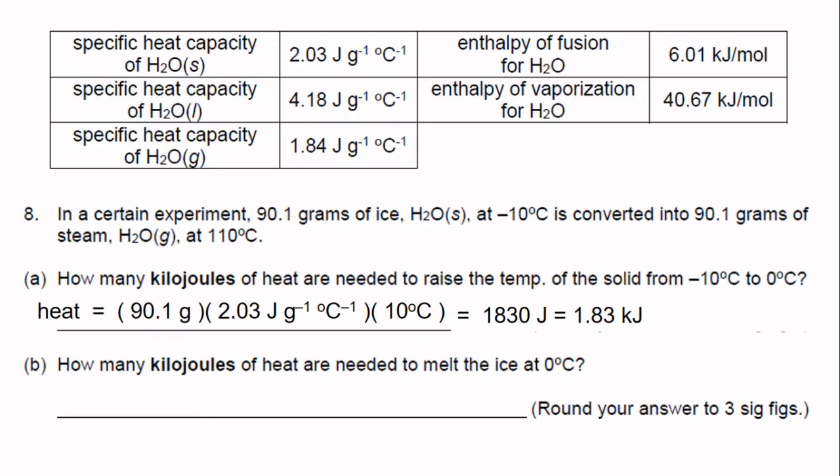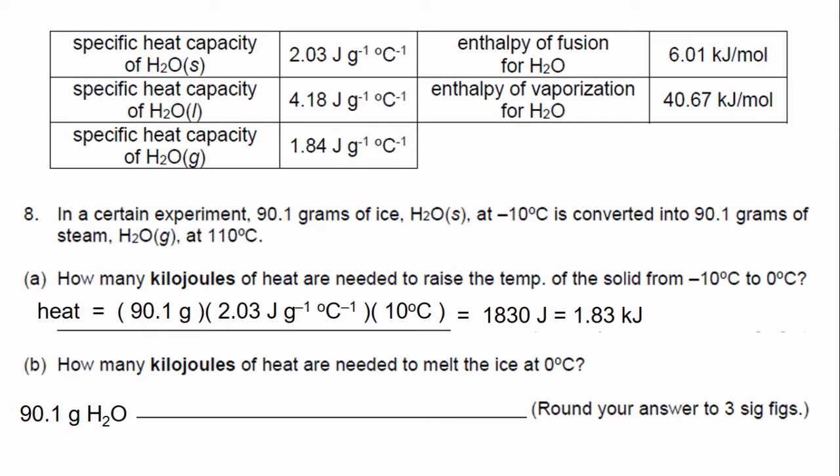Now for part B, we're not going to use mass and specific heat capacity and delta T because there is no delta T. We're not changing the temperature. We are melting the ice at 0 degrees Celsius. In the table, that would be enthalpy of fusion. We want to use 6.01 kilojoules per mole. So first we have to convert 90.1 grams of water into moles.